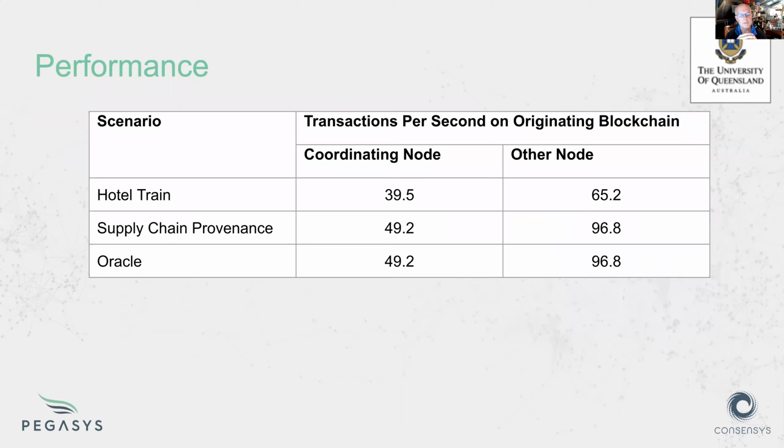Based on that rate and the number of BLS threshold signatures needed, and the fact that they take 5 milliseconds each, I've worked out that the actual transaction rate for the scenarios is going to be what's shown here. Now, the big thing to see is that if you're on the coordinating node and all transactions emanate from that one node, it's slower than if it's across multiple nodes. So if you had multiple nodes that were all emanating cross-chain transactions, you end up with a higher transaction rate.